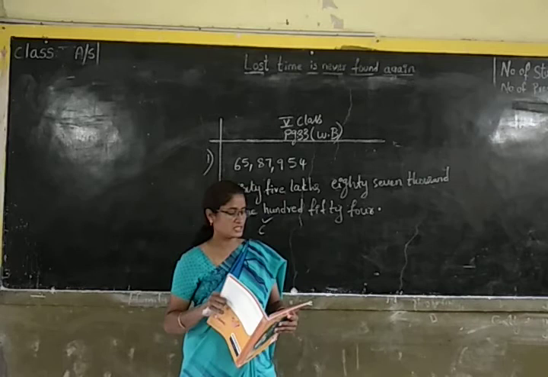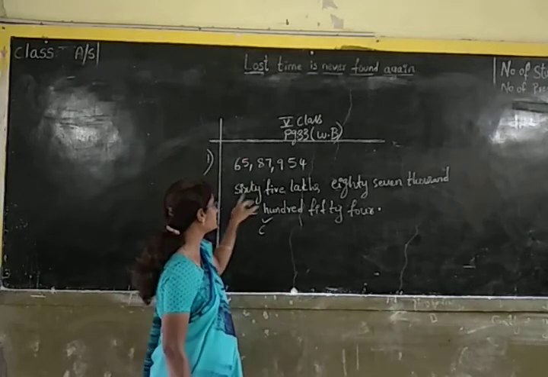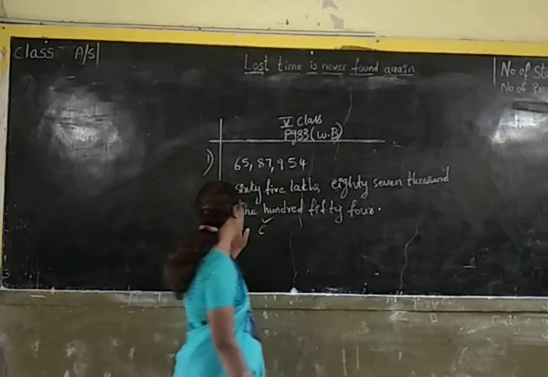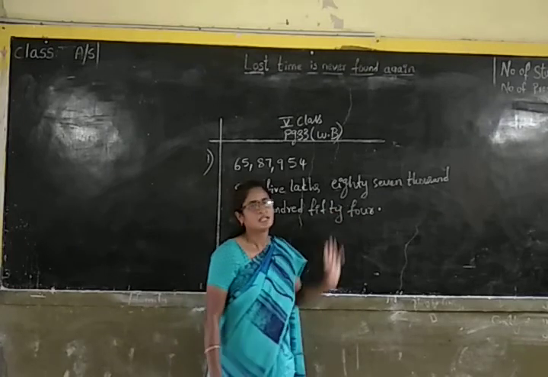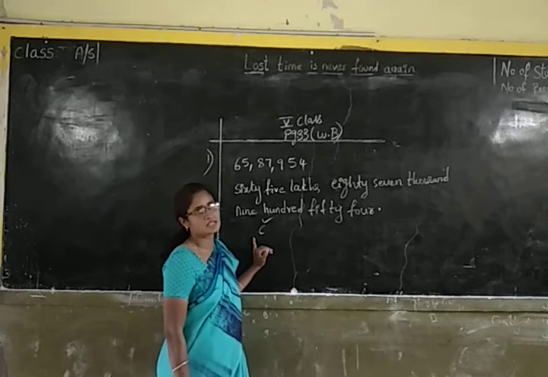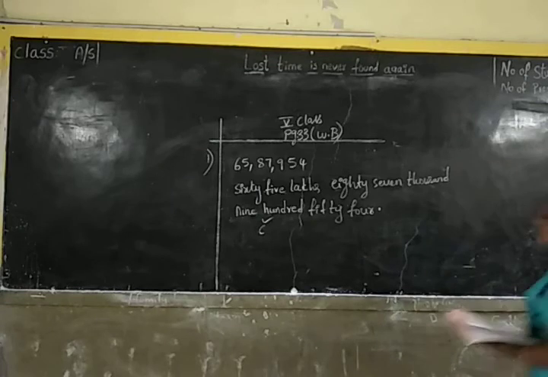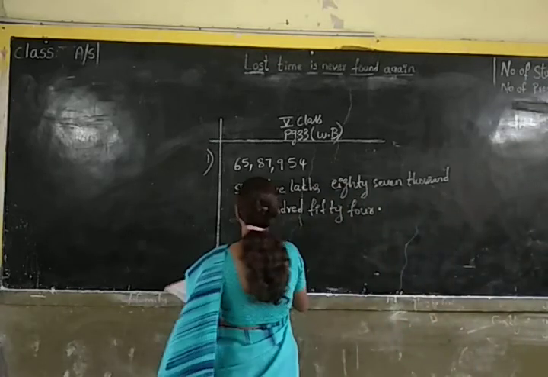The first question is you have to write the number name for this number. So the number name is 65,87,954. Here 3 options are given. So the correct option is C. Okay, children. So you pick the C option.